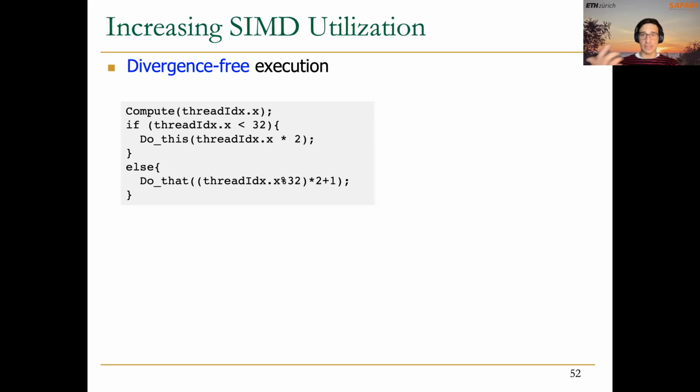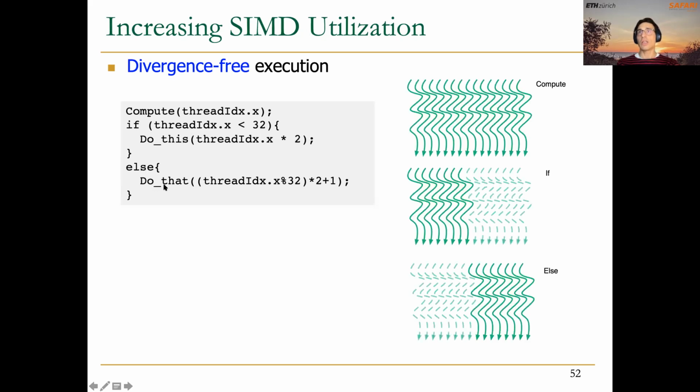But there might be ways of optimizing the SIMD utilization if we play with the way that we access data. We can distribute the computation in a different way. In this specific example, what we are going to do is tell all the threads that have an index lower than 32 to do this, and the remaining threads to do that.